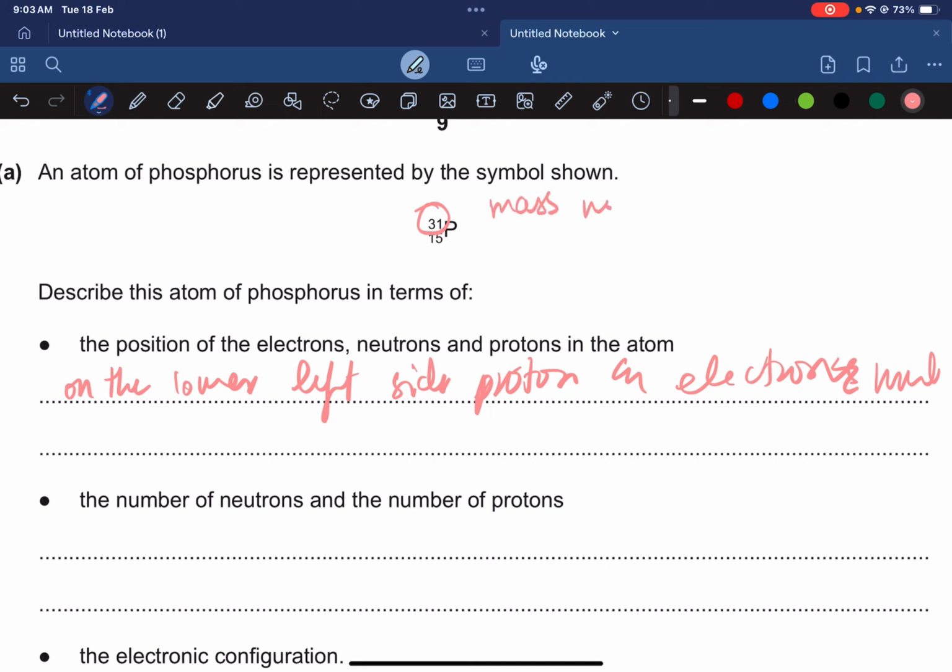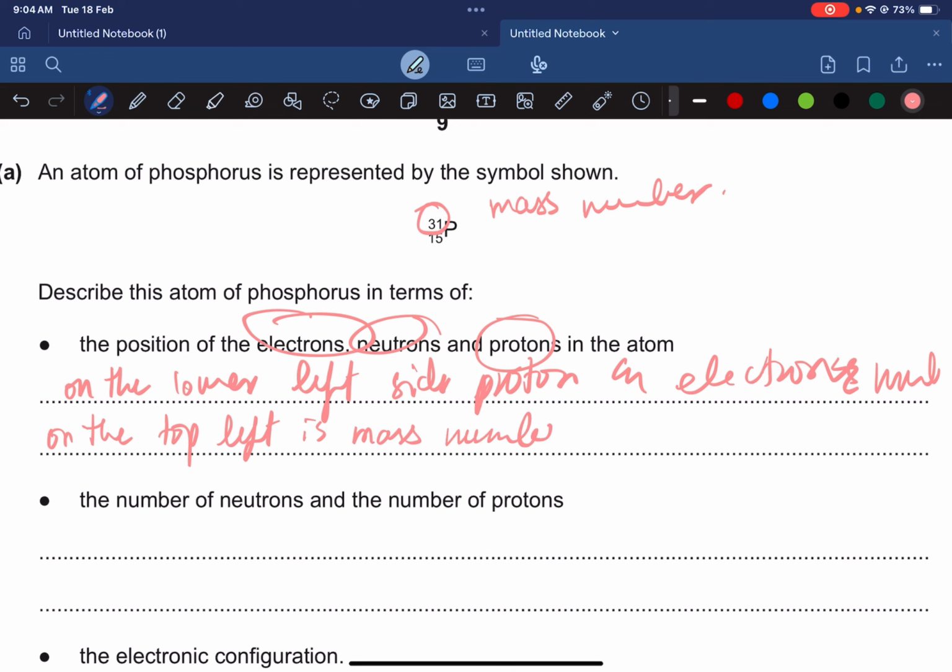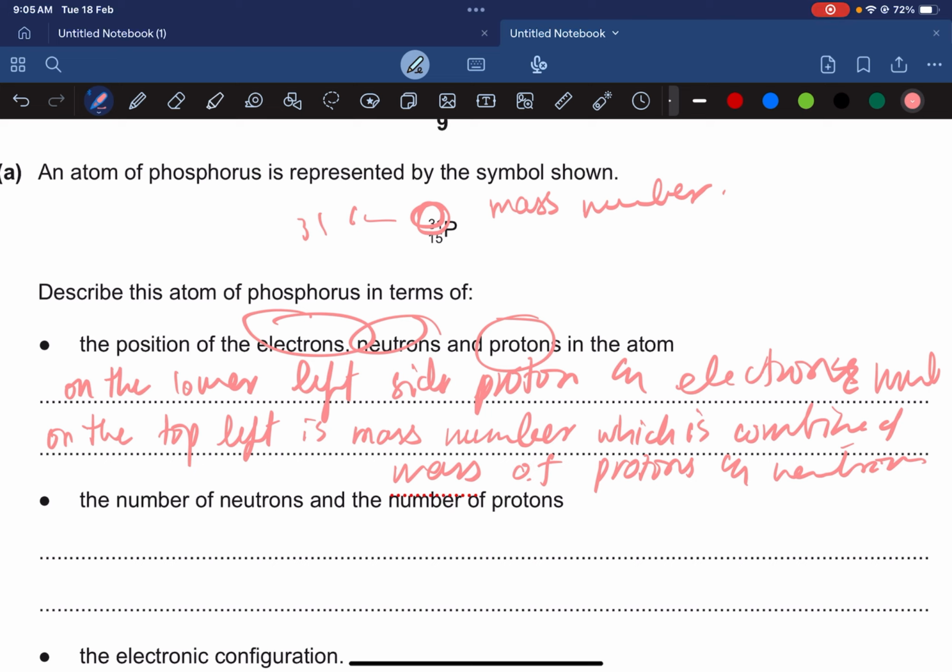They've asked in terms of electrons, neutrons, and protons, so we're just going to take the mass number, which is the combined number of protons and neutrons, to get 31.